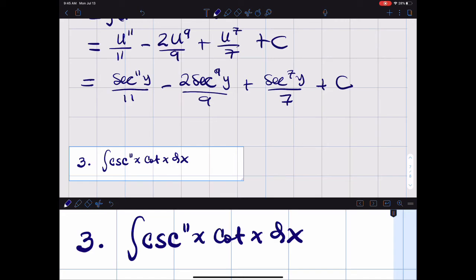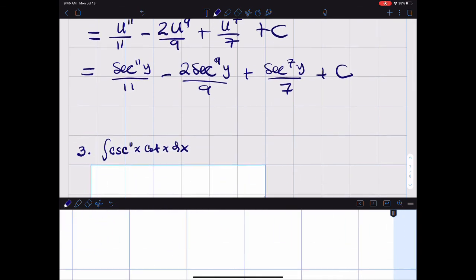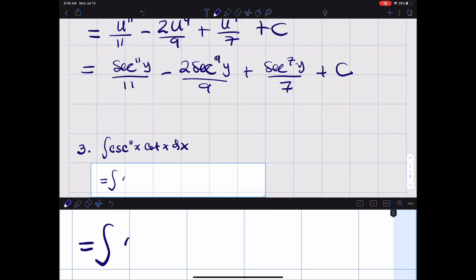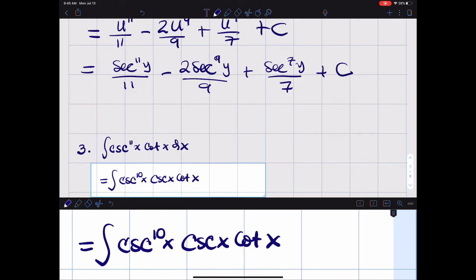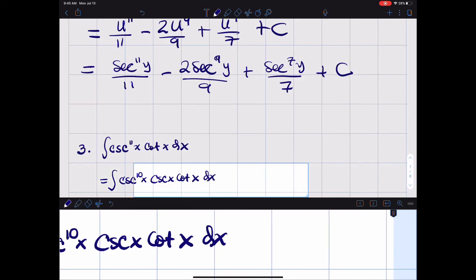All right, so the power of cotangent is odd, is 1. So that means we can factor out a cosecant x, cotangent x dx.